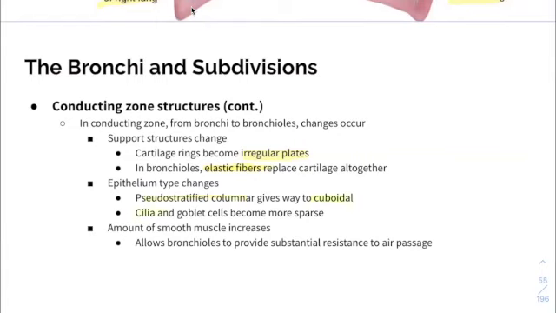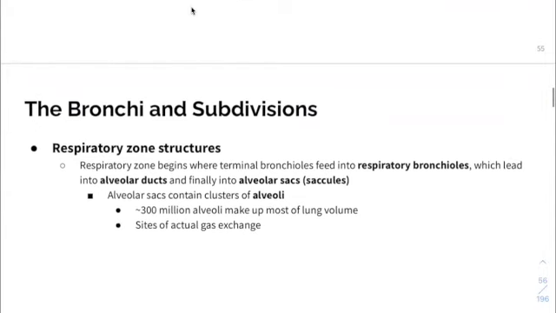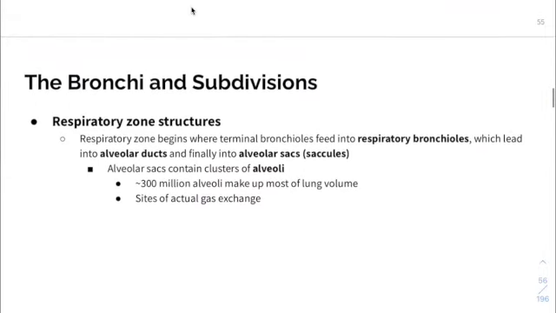It's not as ciliated and there are not as many goblet cells. We get more smooth muscle in there. Now let's look at the respiratory zone, where gas is actually exchanged.